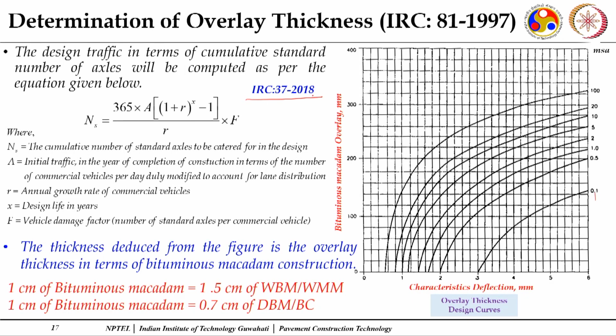For the design traffic, IRC 37 already states how you work it out. NS is the design traffic in terms of standard axles to be encountered.